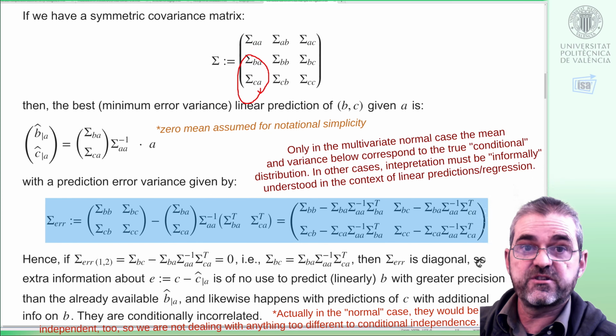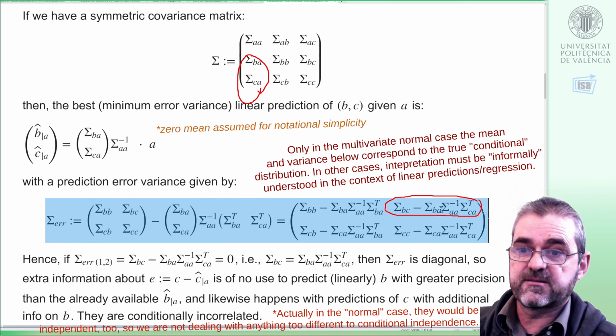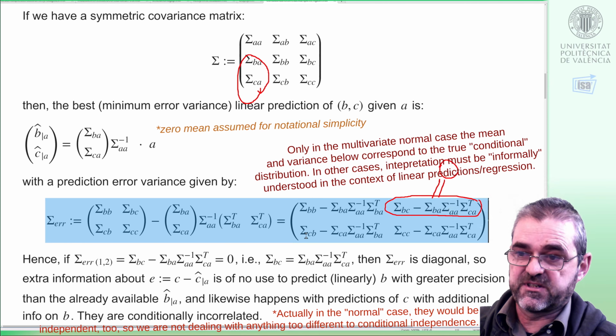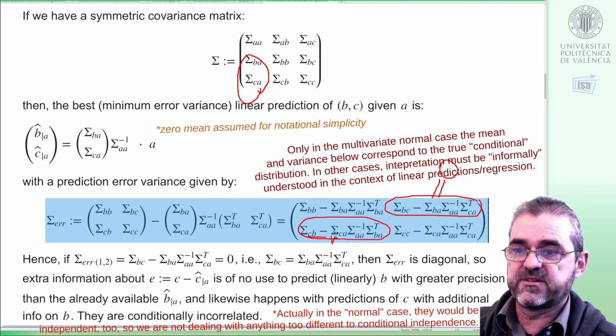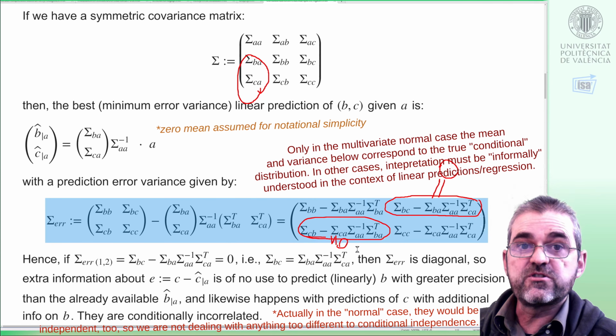So we get this expression, and what we pursue in our definition is examining if this thing is zero or not. If this is zero, of course this is symmetric, so this will also be zero, then we will say that these variables are conditionally uncorrelated given A. What does it mean?